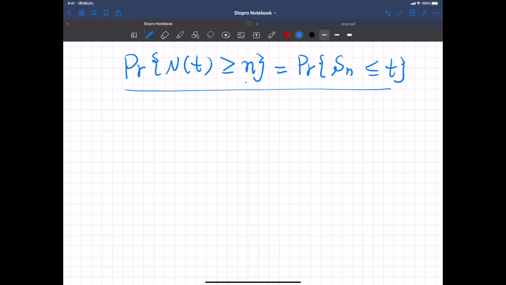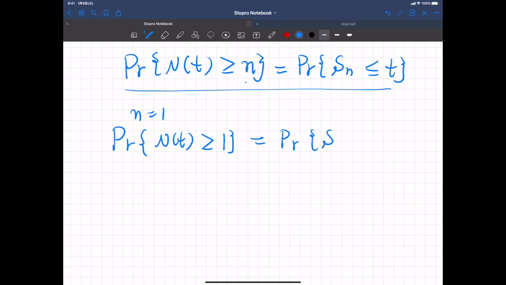General n may be a little bit complicated, so let's try first n equal to 1. The probability that N of t, the number of renewals, is greater than or equal to 1 should be equal to the probability that the total time to failure is less than t. This one is just T1, right?